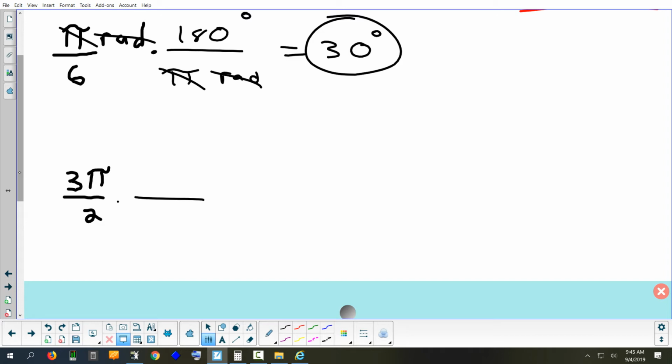Which, again, I'm not going to write it. What's the number we always put with radians? Pi. Pi. And what's going to go in the top? Degrees. Yep, and the number? 180. Yep, perfect. So radians cancels out. That's invisible. Pi cancels out. 2 goes into itself once. 2 goes into 180 90 times.